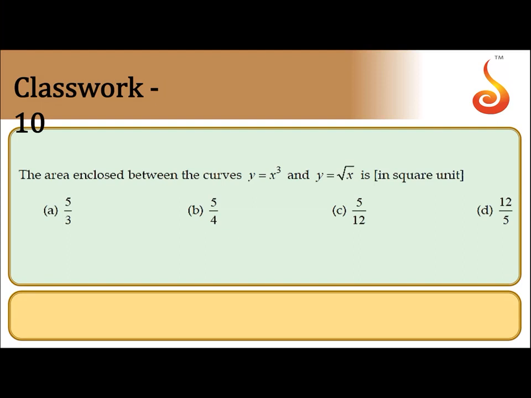Coming to the next one, area enclosed between the curves y equals x cube and y equals root x. Clearly you can see the y equals x cube curve looks like this, and the y equals root x curve like this. Both of them intersect at point 1. So the area between the curves is between 0 to 1. Upper curve is root x, lower curve is x cube. Therefore area equals integral 0 to 1 of root x minus x cube into dx.